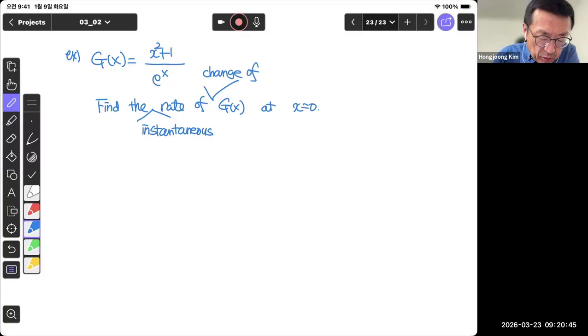So I need to evaluate the derivative of the function.